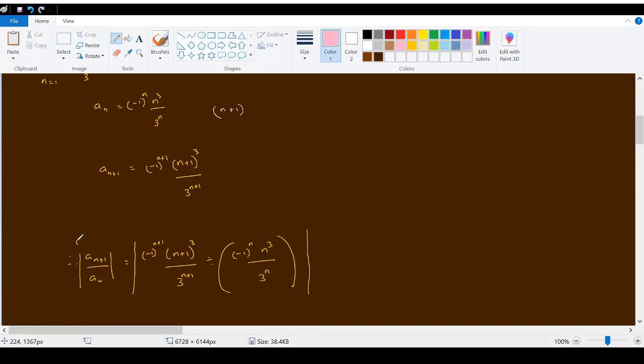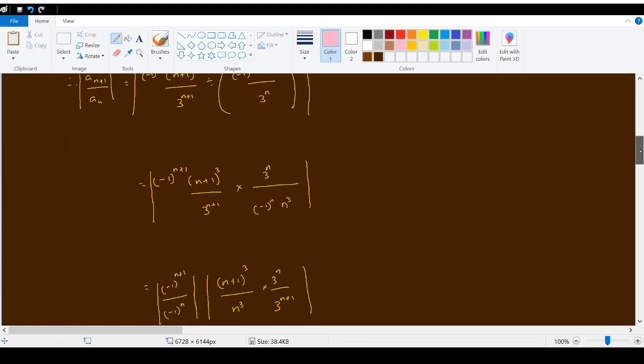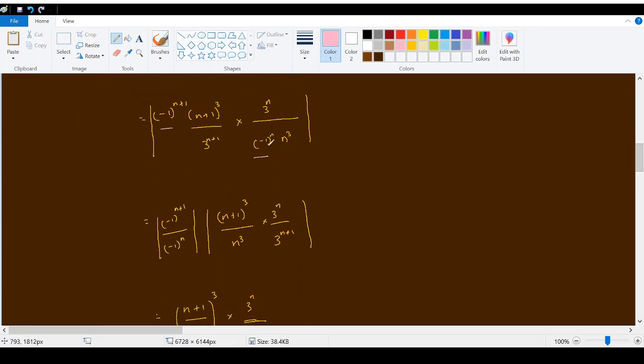And remember, you should have a modulus sign also, right? So an plus 1 is this term divided by an, and that means we are multiplying the reciprocal of this term. So now here you can see this negative 1 to the power n and negative 1 to the power n plus 1 can be taken to a side, and then you can distribute this modulus across these multiplications.